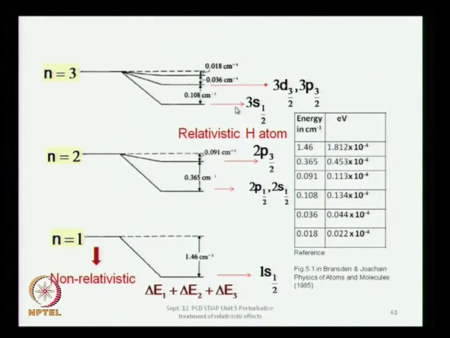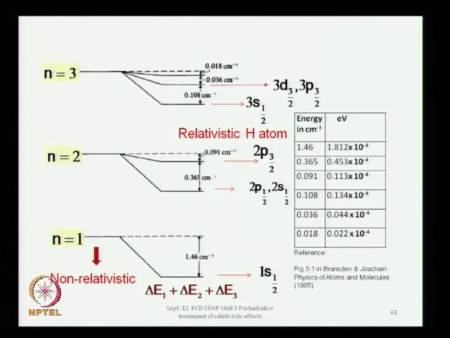And then for n equal to 3 you have the 3s, and then the 3d 3/2 and 3p 3/2 are degenerate. Why? Because the energy is not determined by the L quantum number, and it is the L quantum number which is different for these two. This is L equal to 1, this is L equal to 2, 3p and 3d. So, the difference is in the L quantum number, and Dirac does not look at that.